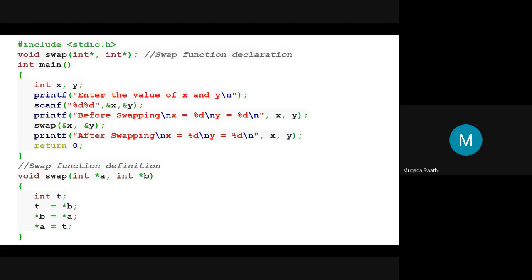You take an explicit declaration of a local variable and using that local variable you try to swap the values. So coming to the most important elements of a function, void swap(int *, int *) is the declaration part of the function swap. As we mentioned, the keyword void specifies that this function definition has nothing to return to the calling program.